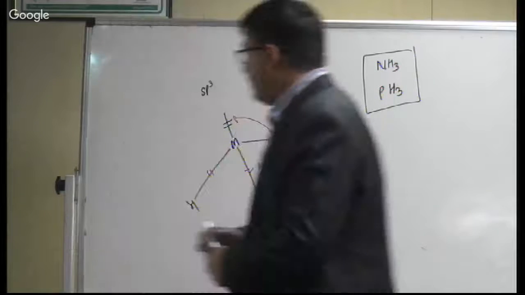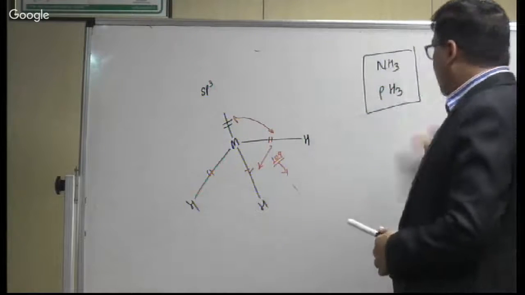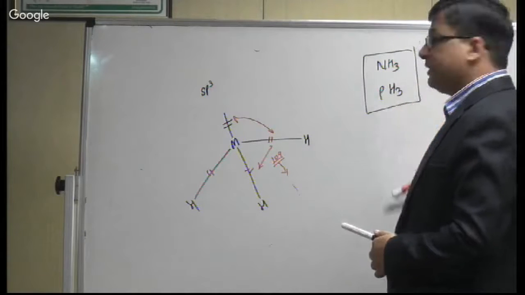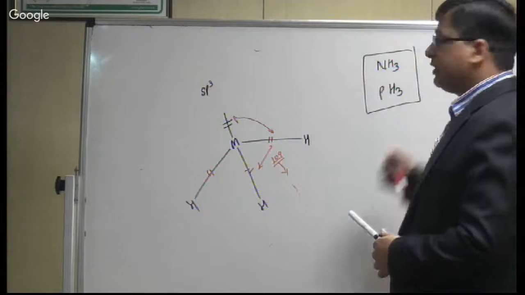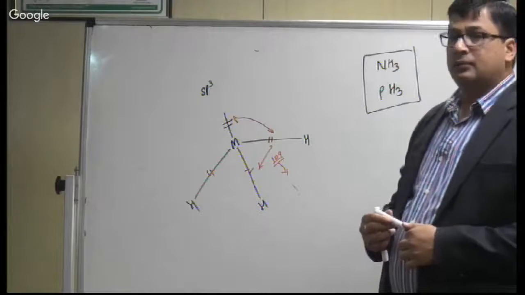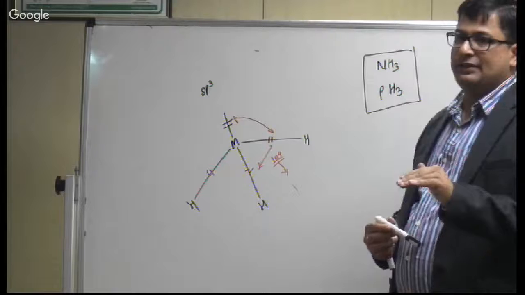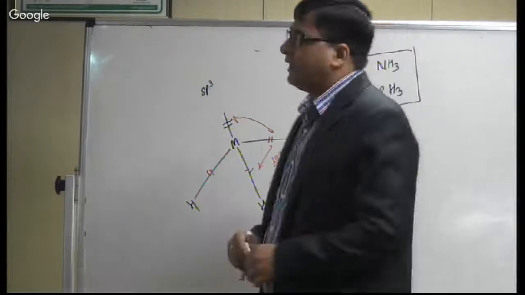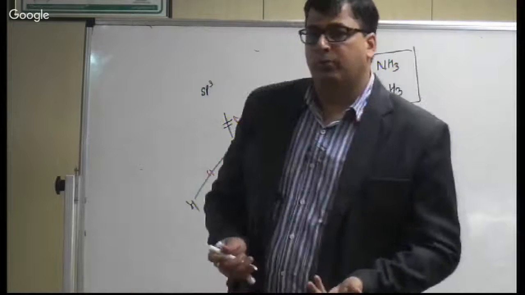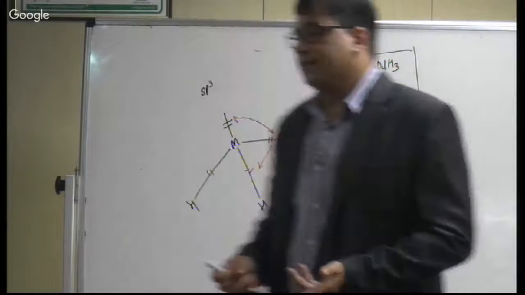So as we move down the group, the central atom size increases, which means the bond length increases. So in the case of hydrides, as we move down the group, the bond angle decreases.